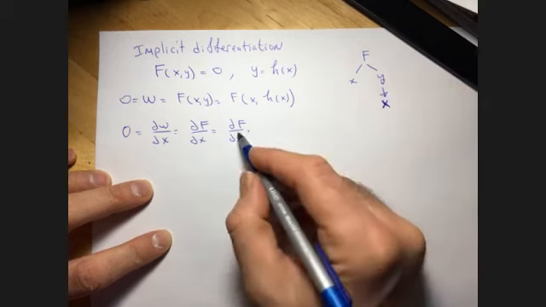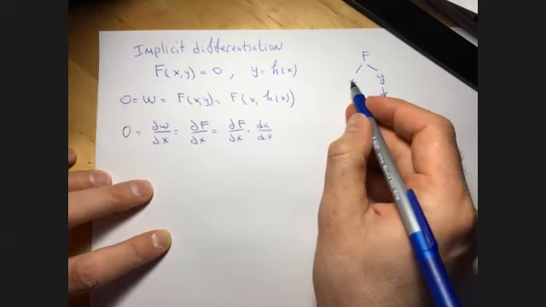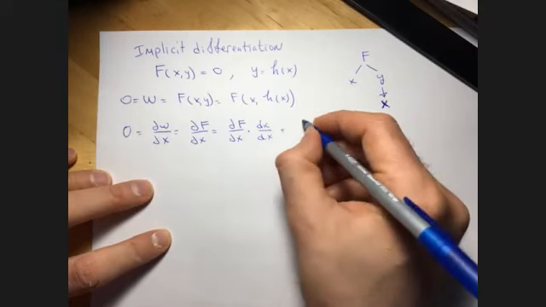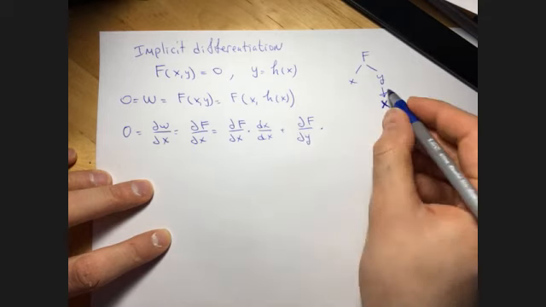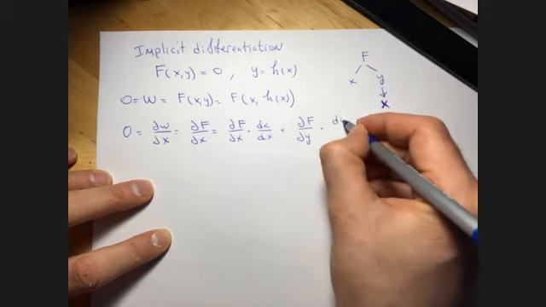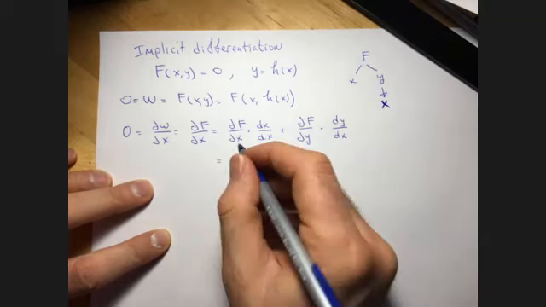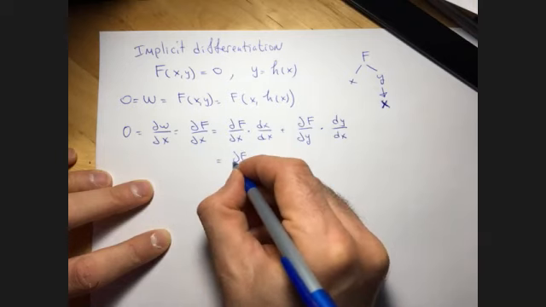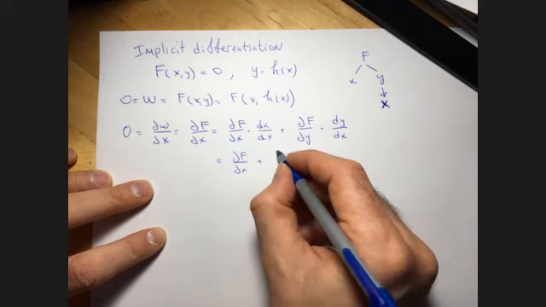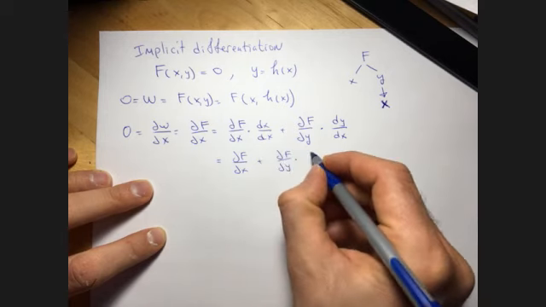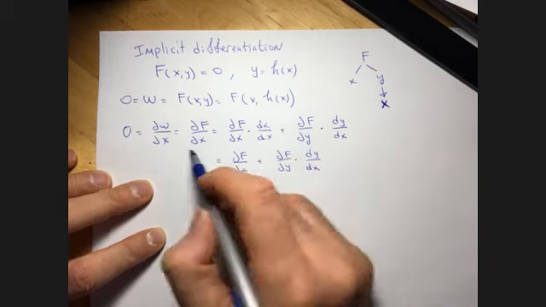Okay? So by the chain rule times, now I have dx over dx, right? Plus partial f partial y times y is just defined in terms of x, so I have dy dx. This is just 1, okay? So that's partial f partial x plus partial f partial y times dy dx. And all of this, as you can see, is equal to 0.